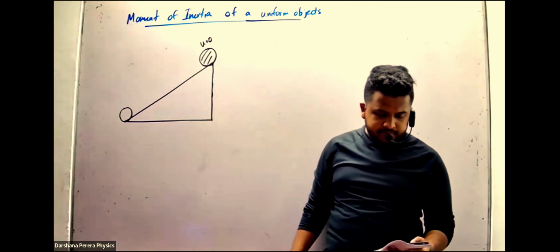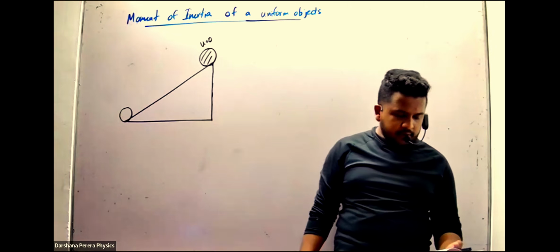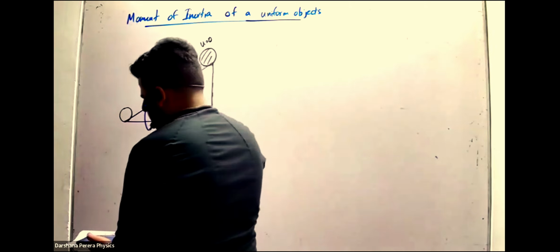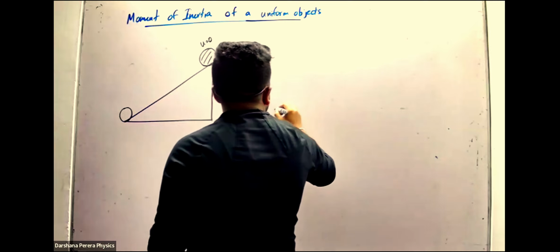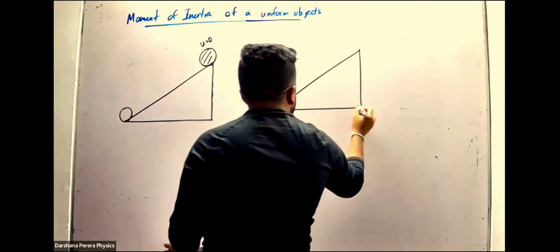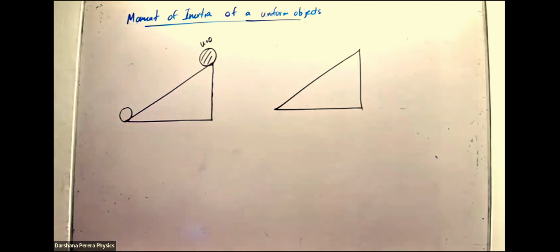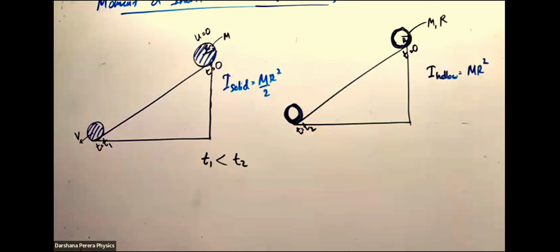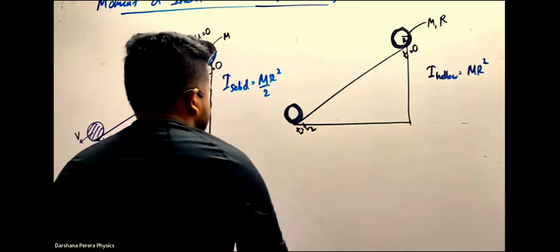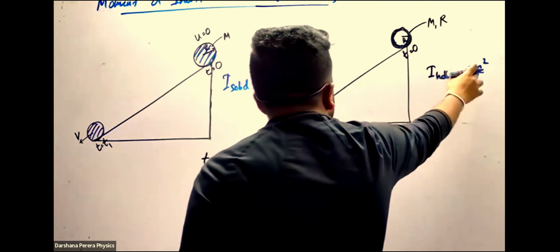The hollow cylinder, because I is smaller in the solid cylinder. When we take the solid cylinder and the hollow cylinder, the I of the solid cylinder is lesser than the I of the hollow cylinder.